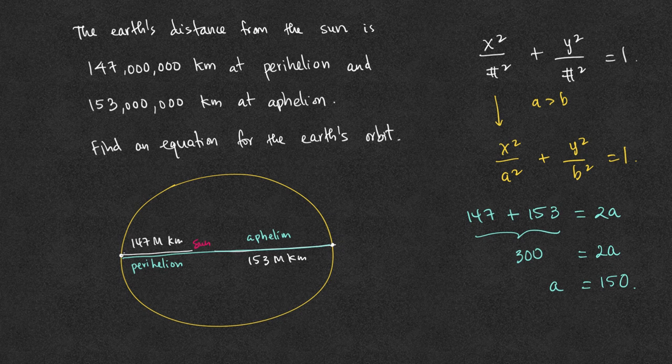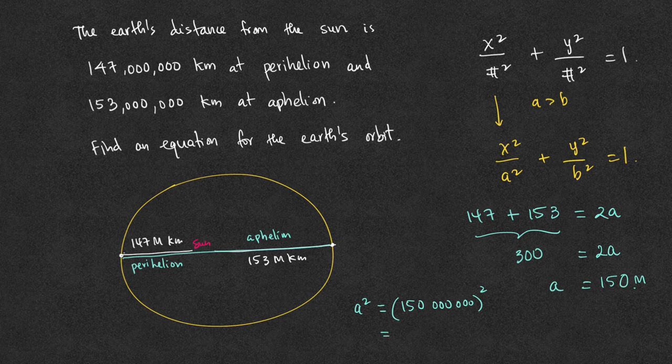Be careful here. This is not just a equals 150, but 150 million. And if a is 150 million, then a squared equals 150 million squared.